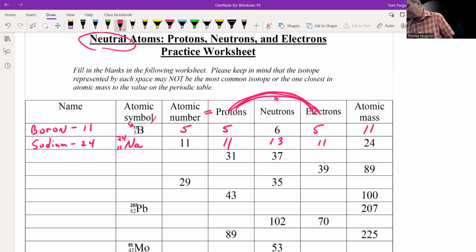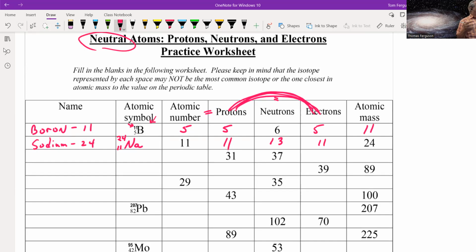Right here. Is there a charge? No, because electrons and protons are equal. So for neutral atoms, protons and electrons are exactly the same.